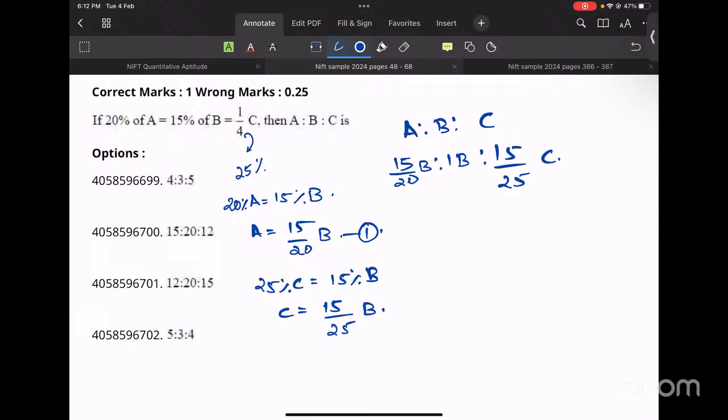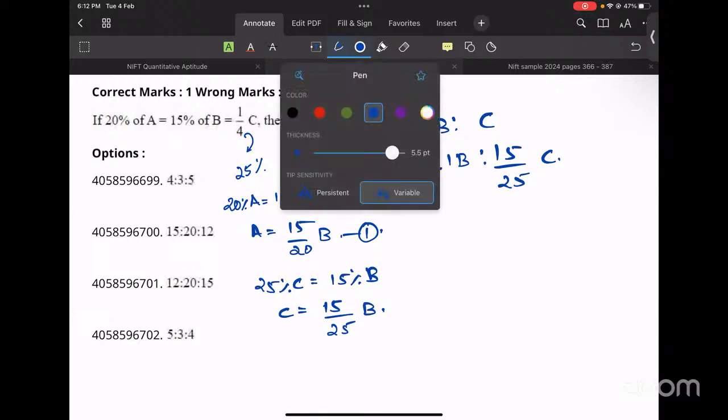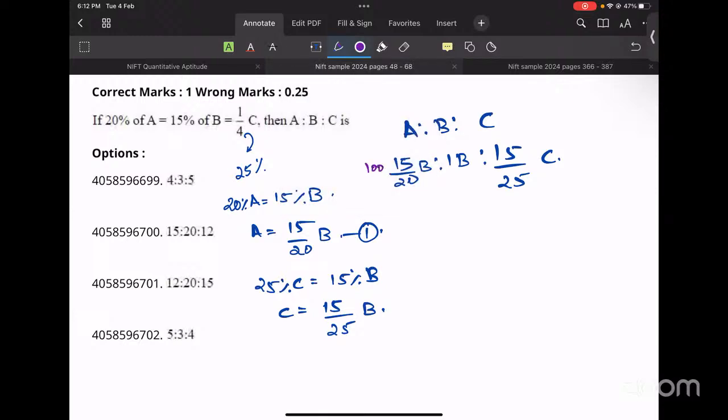Here you can take an LCM of 100 and multiply throughout with that. So when you multiply with 100 over here, 100 over here, and another 100 over here, you guys can also solve these along with me and put your responses in the chat.